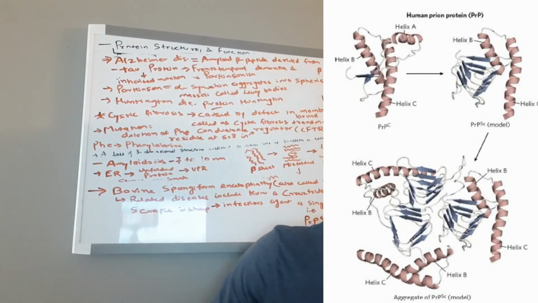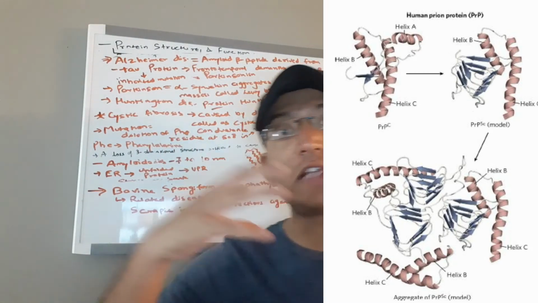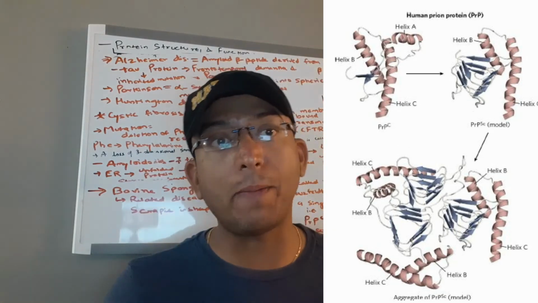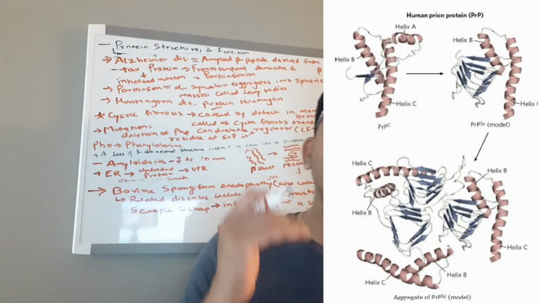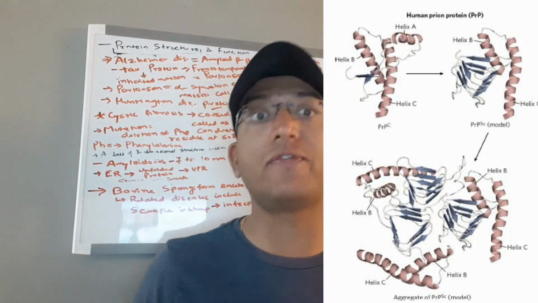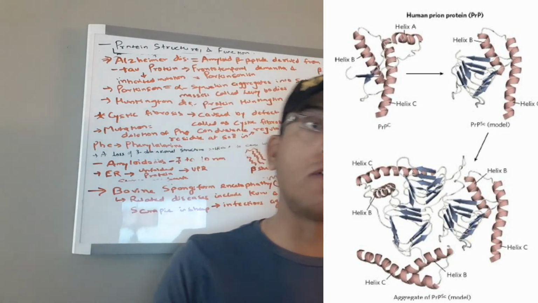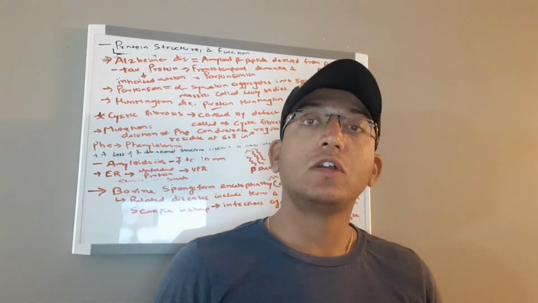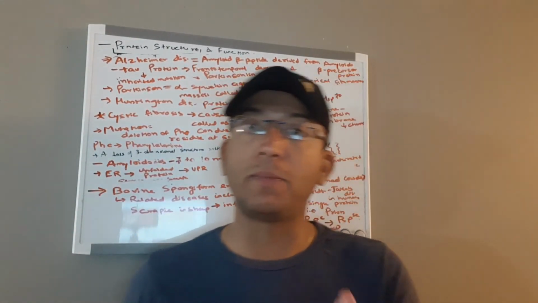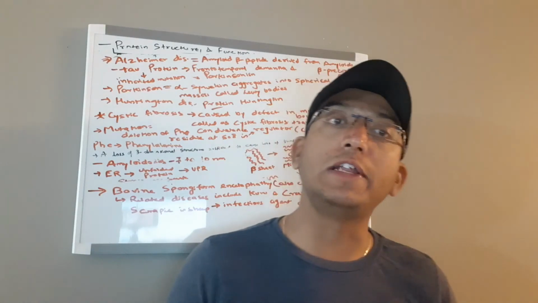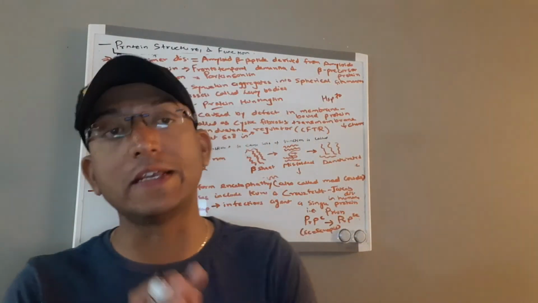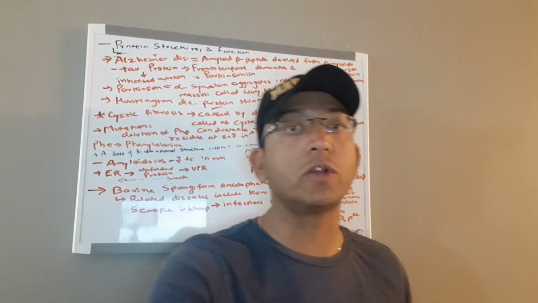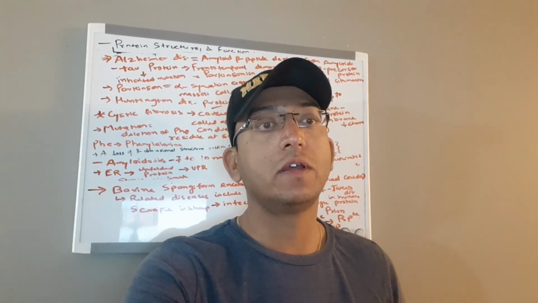The interaction of the scrapie prion with the cellular prion converts the latter to a scrapie prion also, initiating a domino effect in which more and more of the brain proteins convert to the disease-causing form. The mechanism by which the scrapie prion leads to spongiform encephalopathy is not understood.